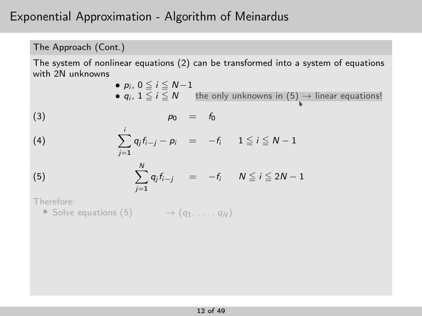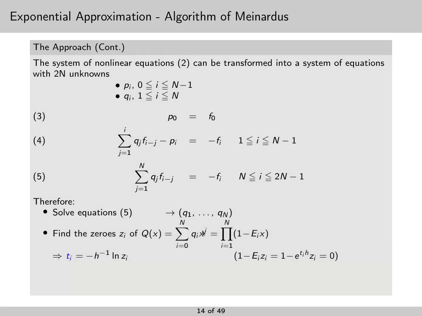So we can hope to solve the original interpolation problem 1 following these steps. Solve the system of linear equations 5, which gives us the coefficients q_i of polynomial q. Then find the zeros c_i of q. They will give us the coefficients t_i due to these equations.